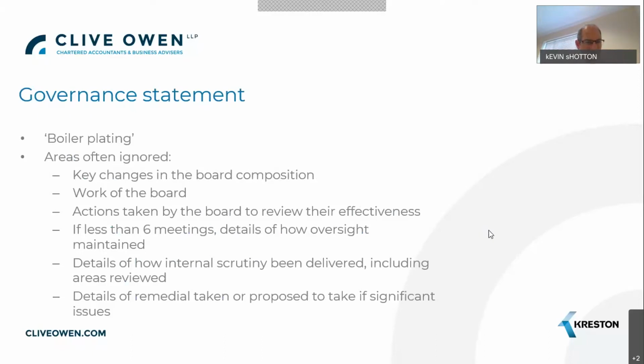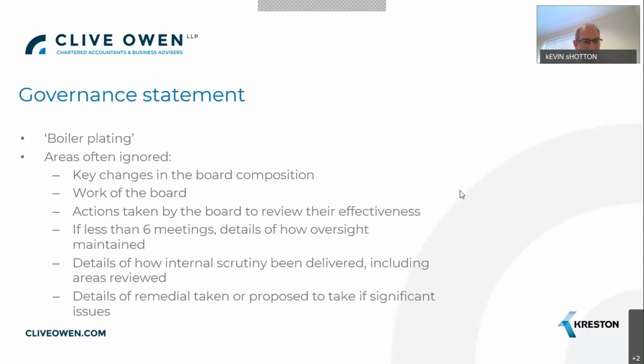A couple of years ago, they brought in the requirement that if there are fewer than 6 meetings during the year, you have to explain why it was considered that the trustees have been able to cover all the appropriate trust business. So just setting out, for whatever reasons, that the board is satisfied they've covered their duties. That can be because of the number of subcommittees and the reporting up through that, but just a reminder that it should be explained where it is the case.